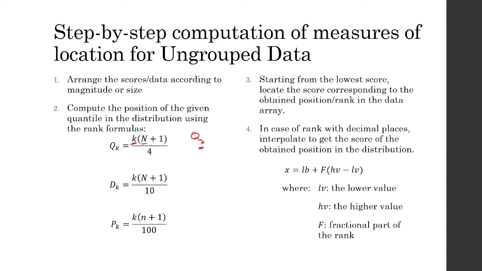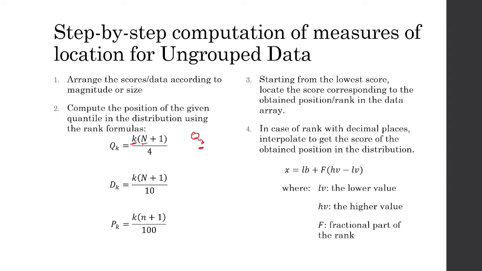Then starting from the lowest score, locate the score corresponding to the obtained position or rank in the data array. In case of rank with decimal places, interpolate to get the score of the obtained position in the distribution. By interpolate, we'll be using linear interpolation.